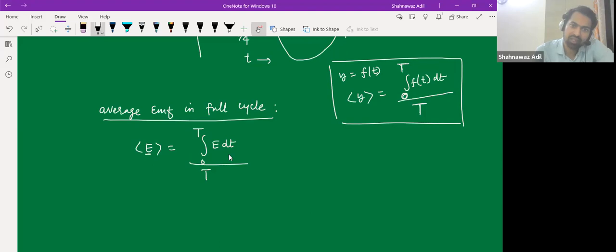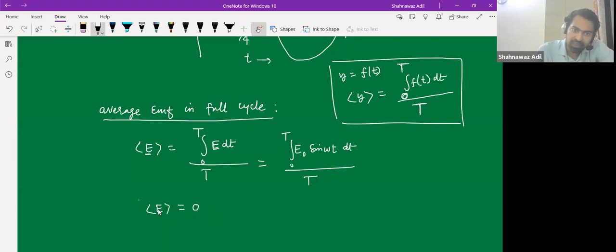The average of y is the integral of y dt from 0 to T divided by T. And we know the value of E we already calculated, so that is E naught sine omega t dt from 0 to T, and then divided by T. When we calculated this integral, we found out that the average EMF over a full cycle was 0. This is the part that we did in the previous class, right, Aisha?